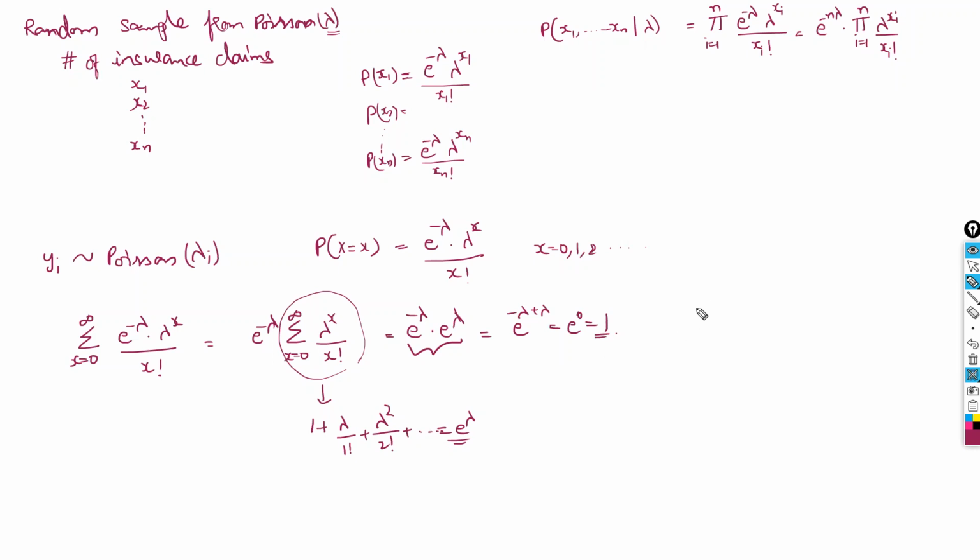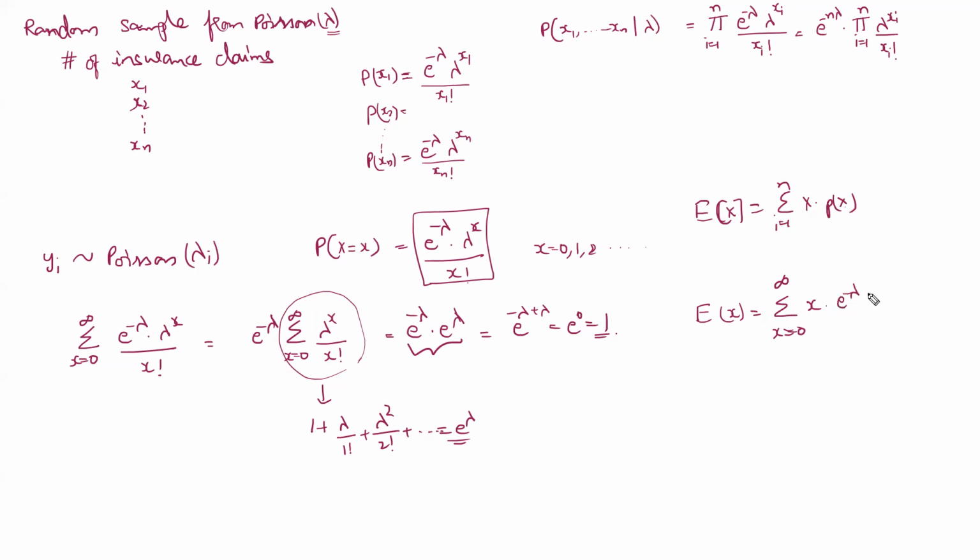And hence the expected value of x is nothing but the summation of x equal to 0 until infinity of x into the probability of x. So the probability of x is this value. So write down e power minus lambda, lambda raised to the power x by x factorial.